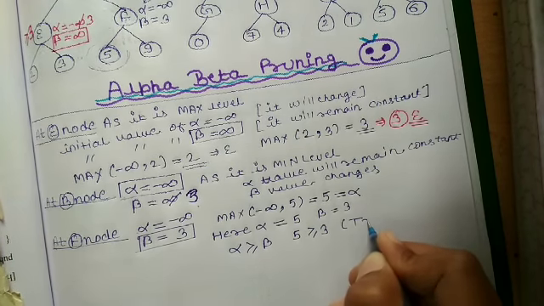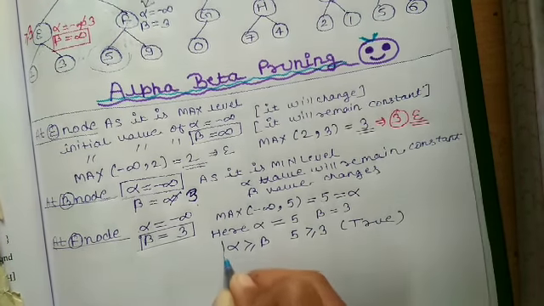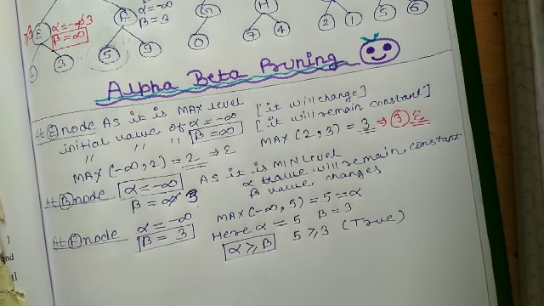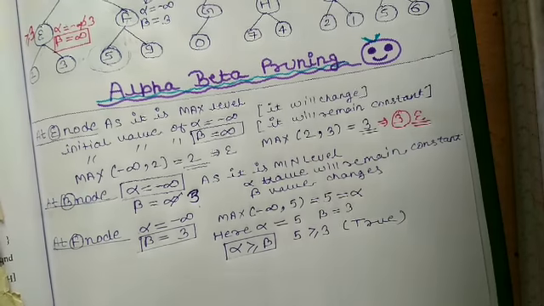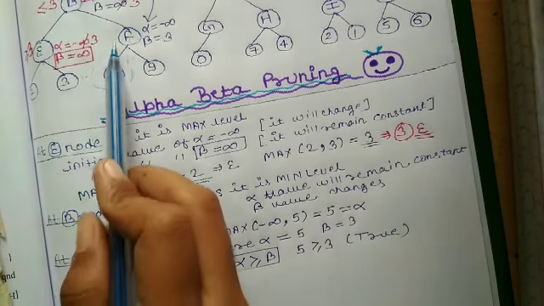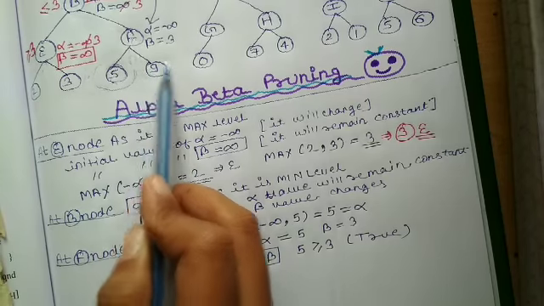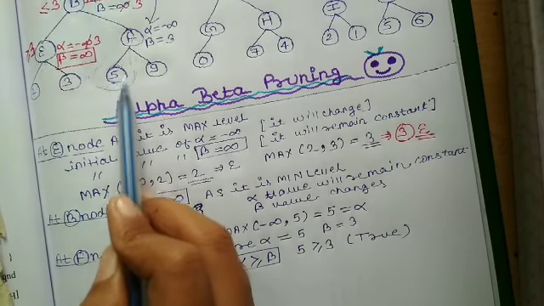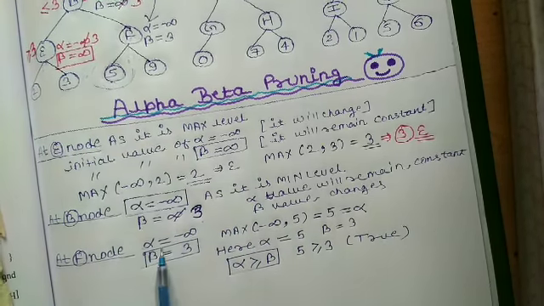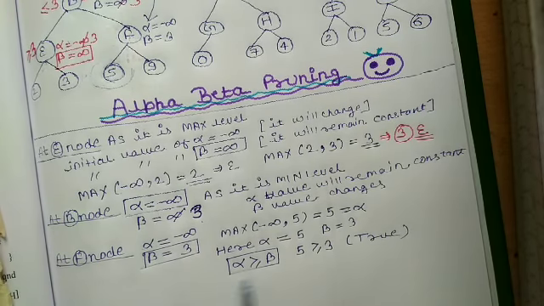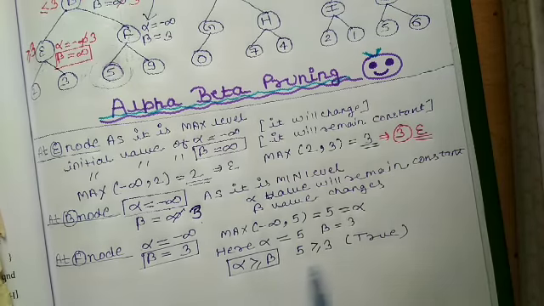This condition is true. So when this condition is true, we have to prune it. We will not check its next child. It means that when you are moving in a DFS way, you will get this child also. But when you have got this child and you are checking it with the alpha comma beta values, and you have applied the condition alpha is greater than or equal to beta, this condition becomes true.